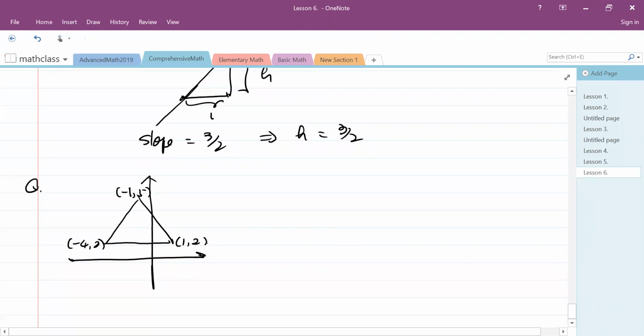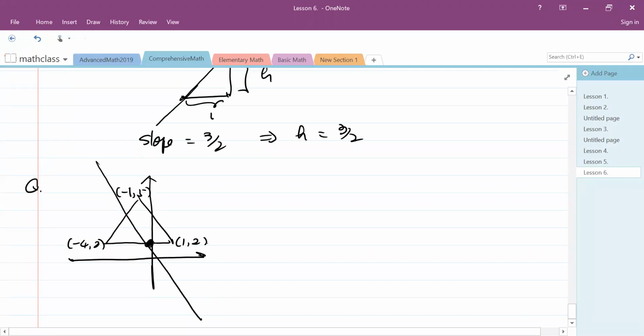So what is our project? Our project is we're trying to cut this triangle into two parts of an equal area. But it must pass through this point, okay? So this is a line going through that, right?